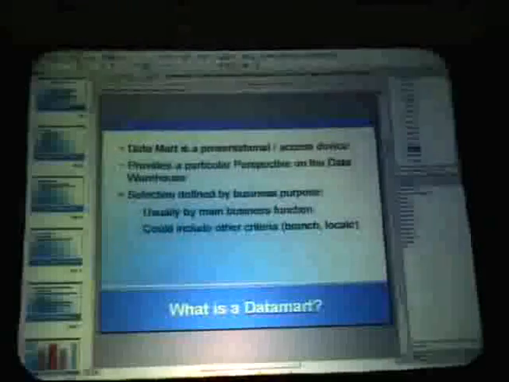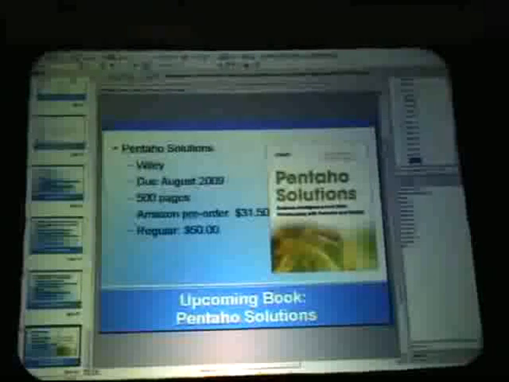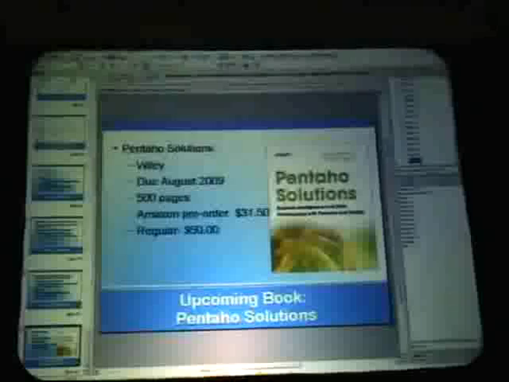But I just want to have one closing note. I'm in the process of creating a book together with my co-author Jos van Dongen, and this will be about data warehousing and BI using Pentaho and MySQL. It's a book which is focused on people that are perhaps not as familiar with data warehousing and BI, but do have some grip on MySQL.